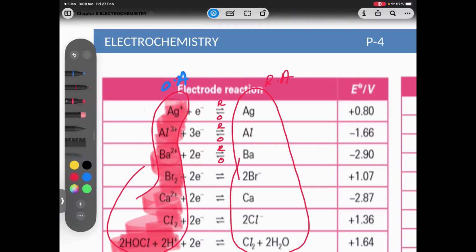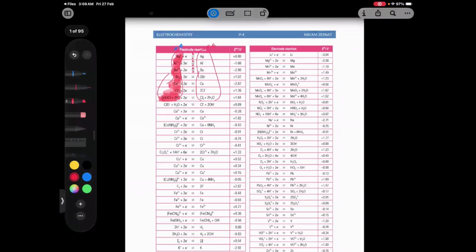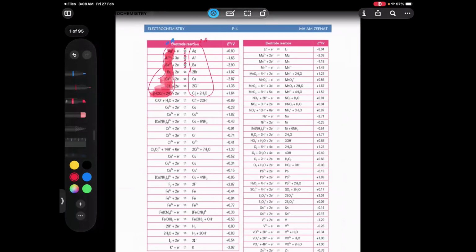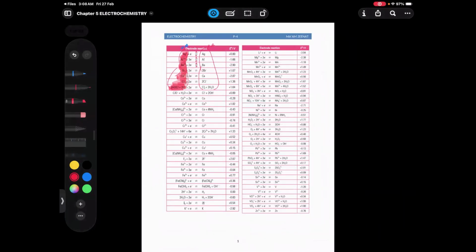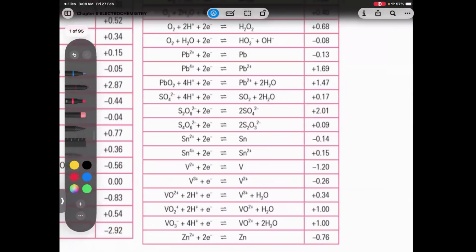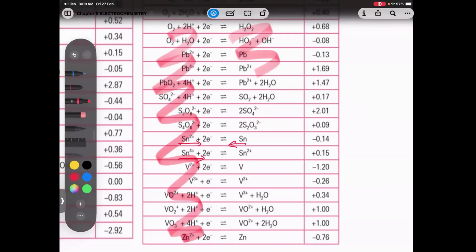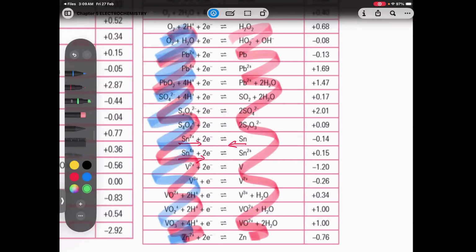This is the whole information that I've given in your data booklet. On this side, they're all gaining, they're all oxidizing agents, and on the other side, they're all losing, they're all reducing agents.